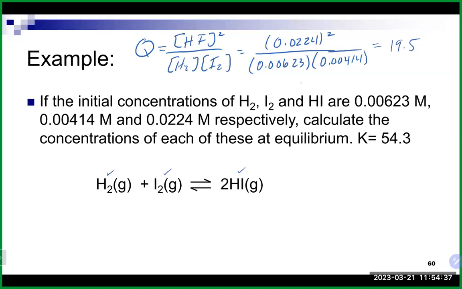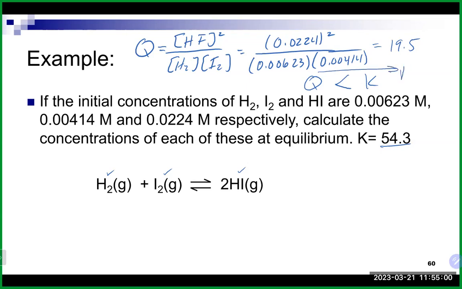In terms of K, our K is 54.3, so Q is less than K here. It does tell us that we're not at equilibrium, which we probably knew to begin with, because it wouldn't be much of a problem if we were at equilibrium. But more importantly, we know that to reach equilibrium we need to make more products.